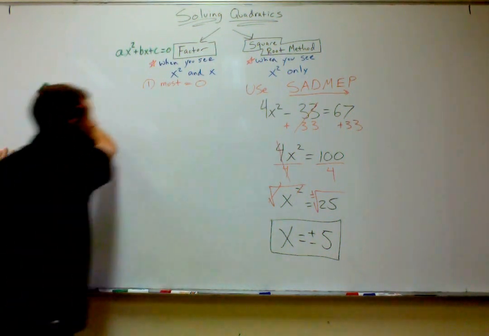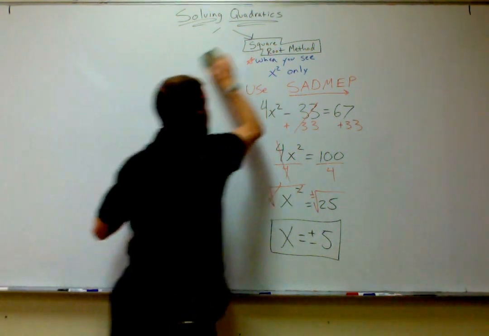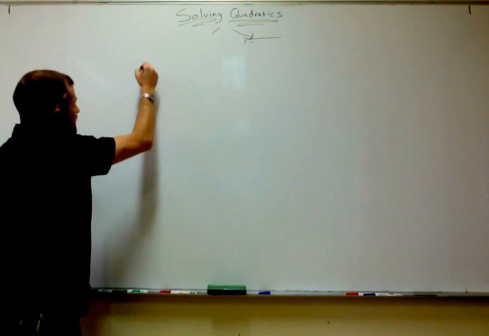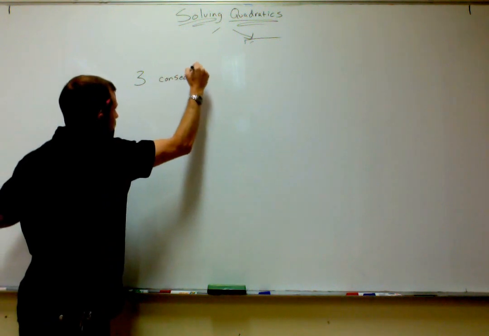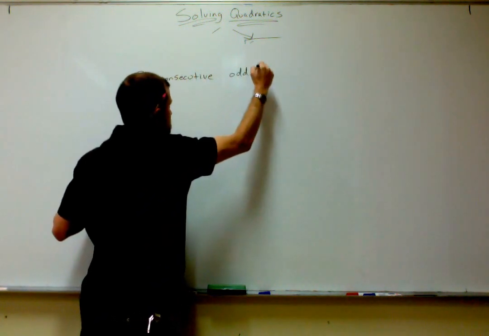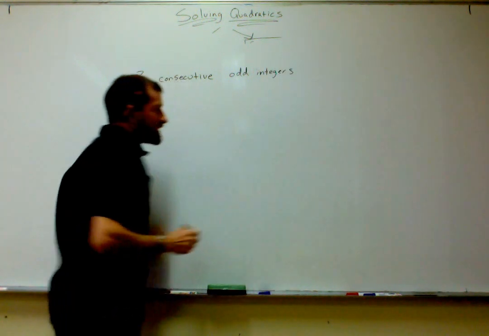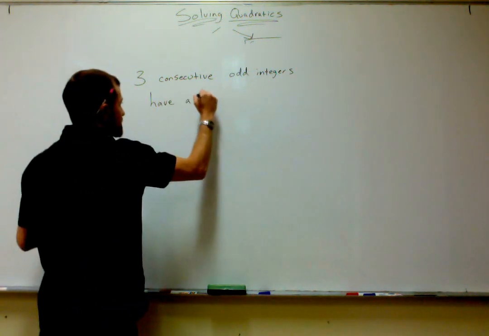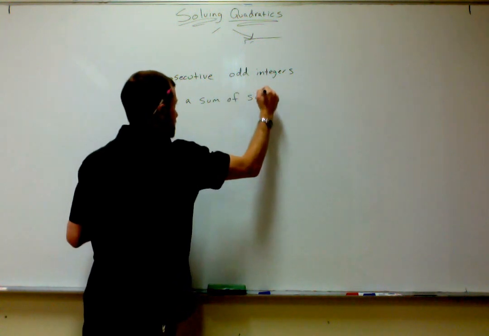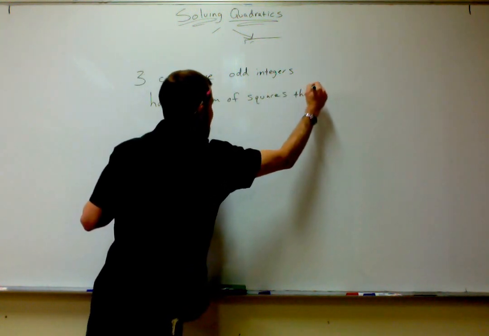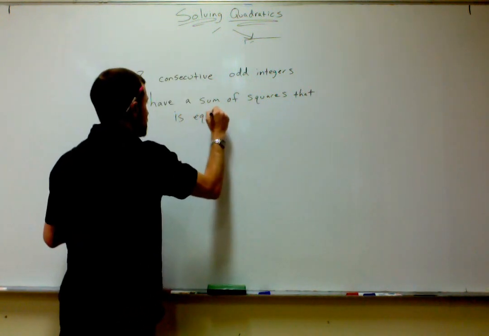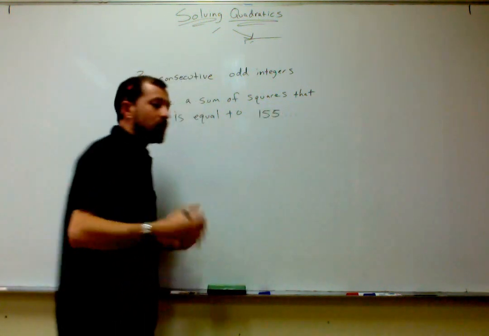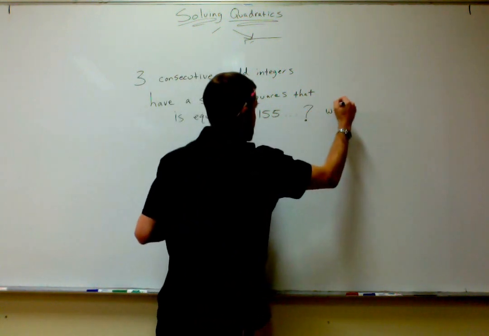So, if I erase the board here real quick, and I had a word problem that said something like: 3 consecutive odd integers have a sum of squares that is equal to 155. What are the integers? What are they?